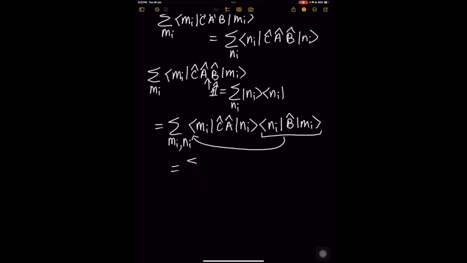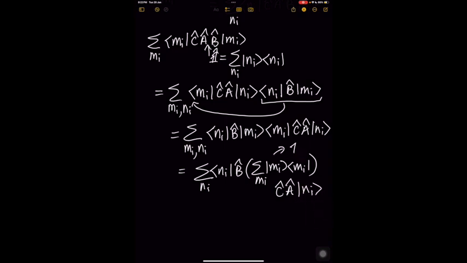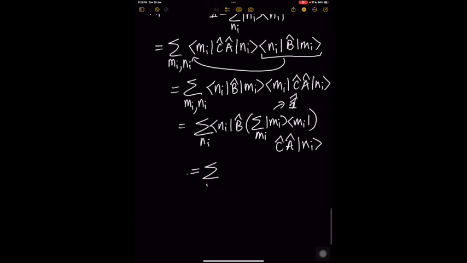So what you will get is the sum over m sub I, n sub I, bra n sub I, b hat, ket m sub I, bra m sub I, c hat, a hat, ket n sub I. So sum over n sub I, bra n sub I times b hat, and then you take the m sub I summation inside as I previously did, ket m sub I times bra m sub I, c hat, a hat, ket n sub I. So this is identity, and then you get the sum over n sub I, bra n sub I, b hat, c hat, a hat, ket n sub I.